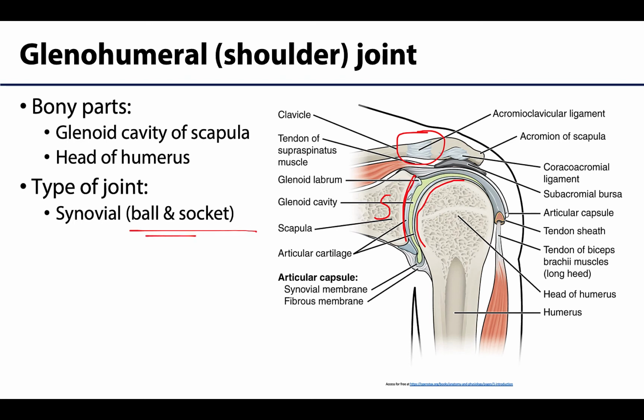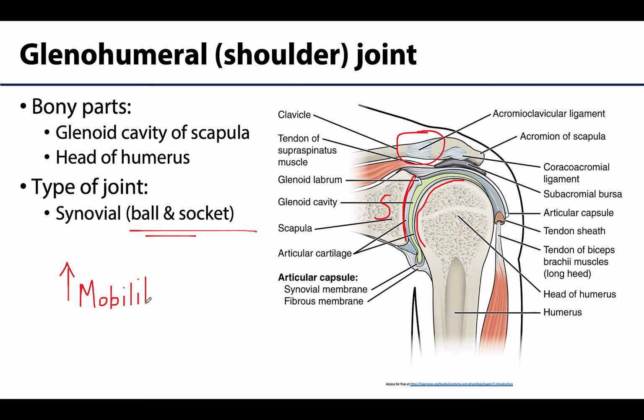And I want you to know while we're looking here how shallow this glenoid cavity is in comparison to the size of the head of the humerus. And this lack of fit has a lot to do with the fact that there is going to be increased mobility associated with this joint.